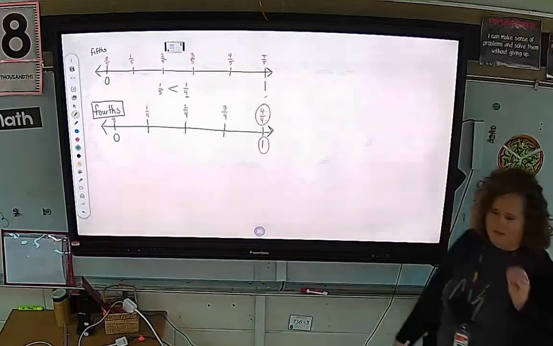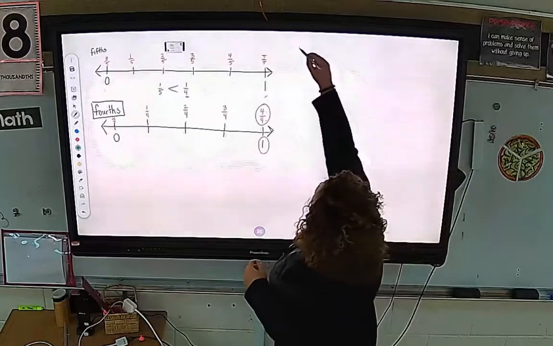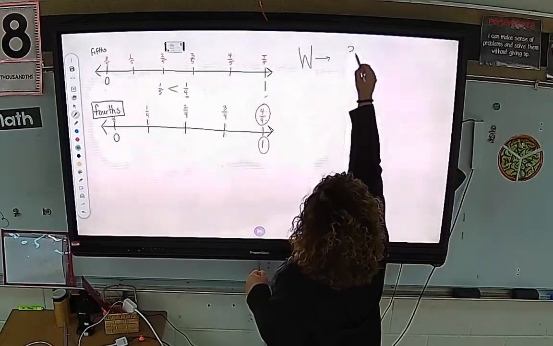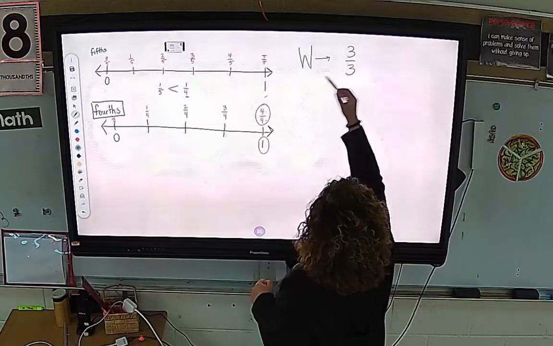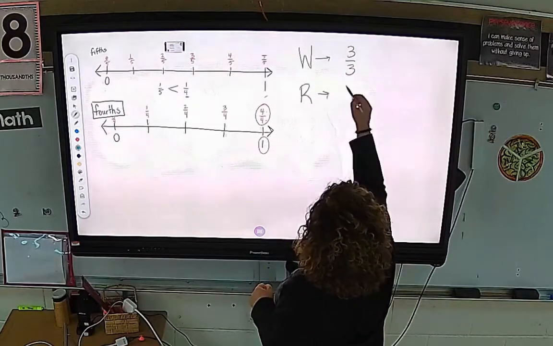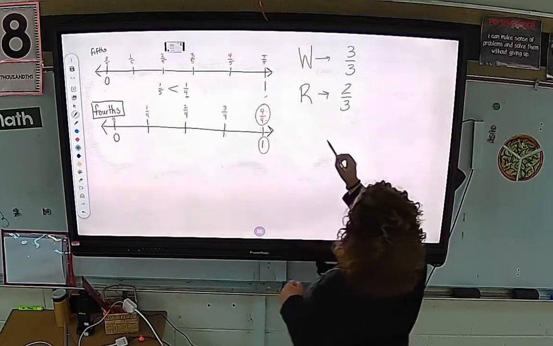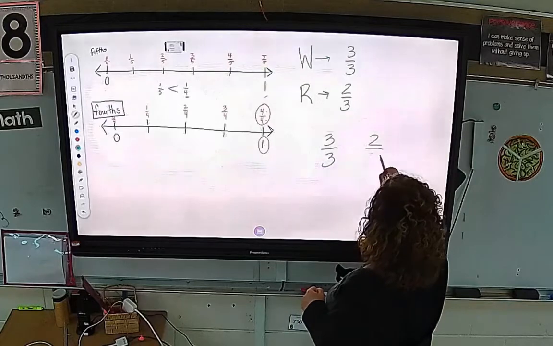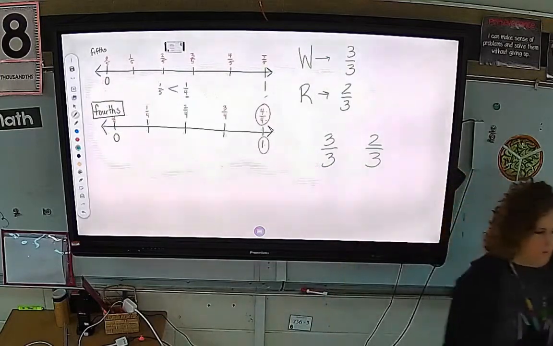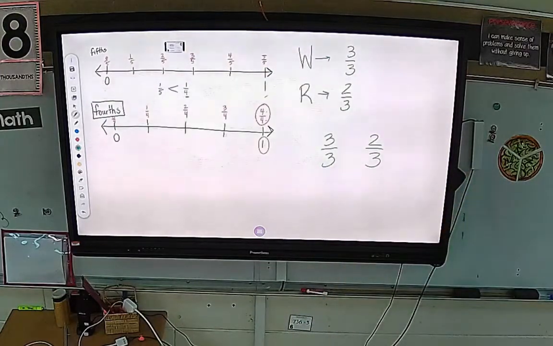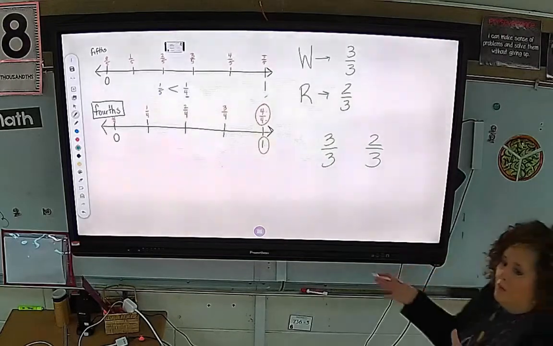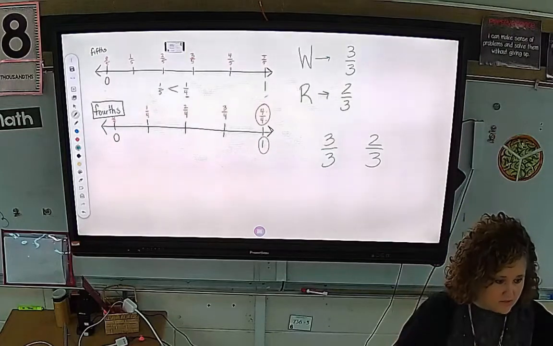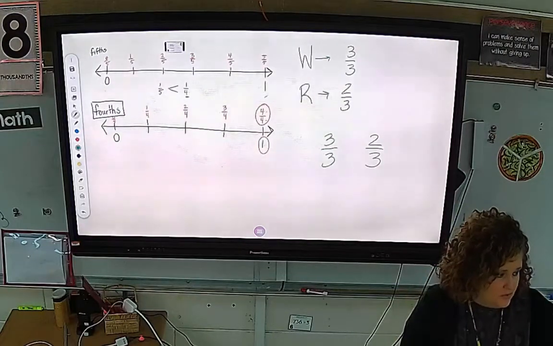Okay. So, Will's landed in 3/3. Reagan's landed in the 2/3 bowl. Okay, so we've got 3/3. We've got 2/3. One of the reasons that we want to be able to put fractions where they go on a number line is because one of the big jobs of a 4th grader is to be able to compare 2 fractions.